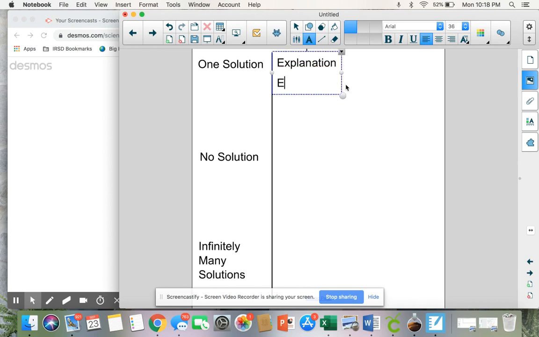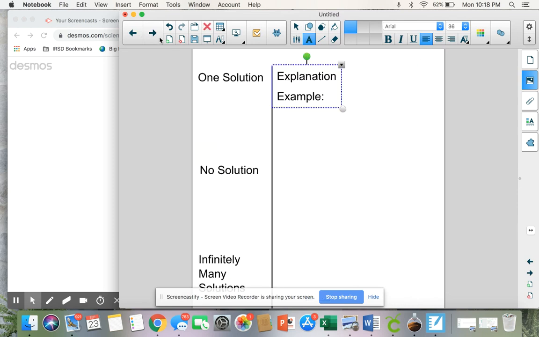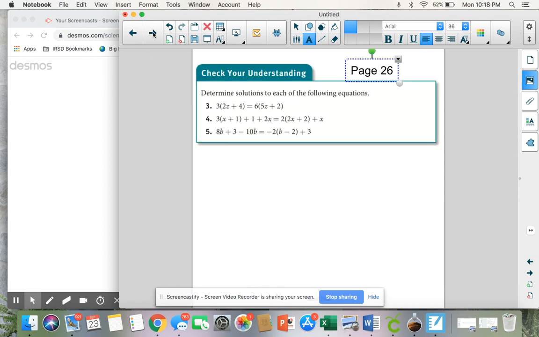And then I also want you to provide an example for each. Okay, so right now you are going to take what we just did and all that information, and you are going to write your own notes with an explanation and an example for each part of that. Work with your group, and then we will discuss our notes together as a class.